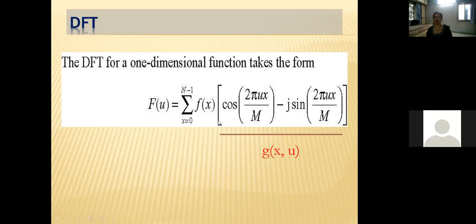All of you are very familiar with this, and we multiply the input signal f(x) with the forward transformation kernel g(x,u). Then we get the Fourier transform or discrete Fourier transform F(u), where u also varies from 0 to m minus 1.